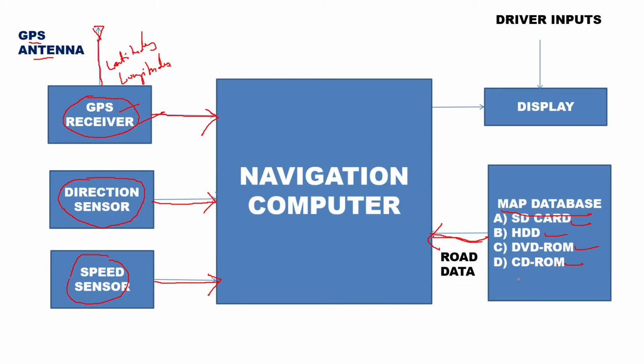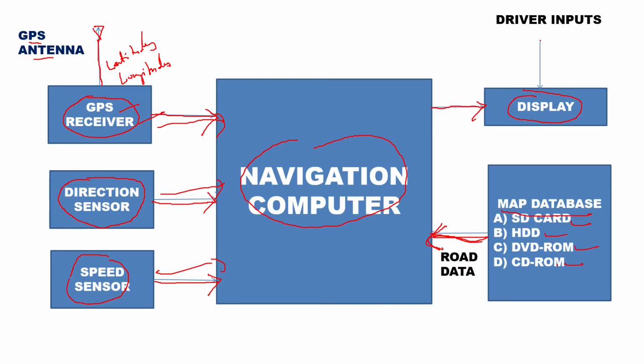That geographical data is compared with the data from the GPS receiver, direction sensor and speed sensor. The navigation computer then gives the correct location of the vehicle on the display system to the driver and the other passengers, showing where exactly the vehicle is located.